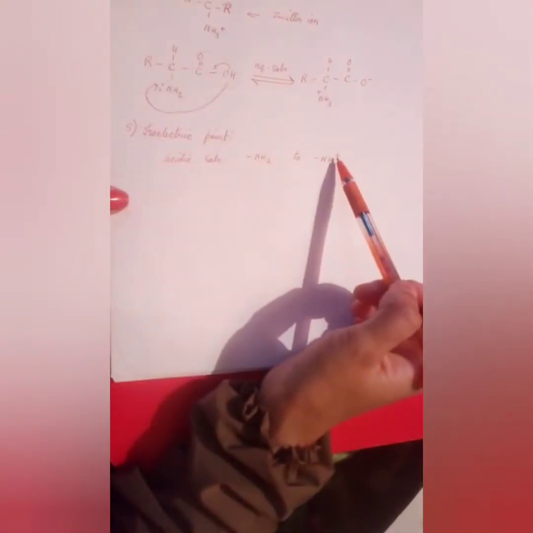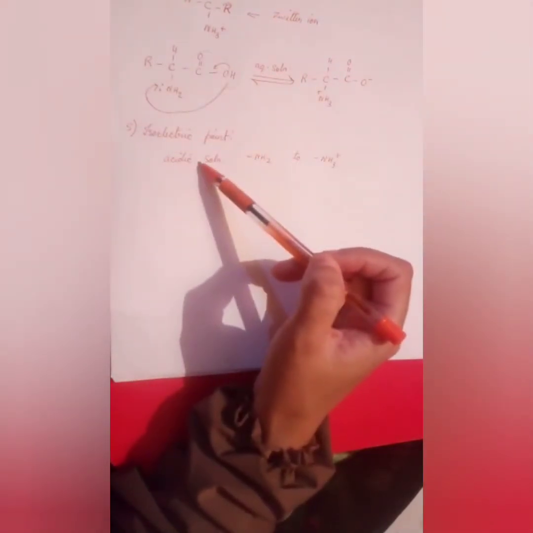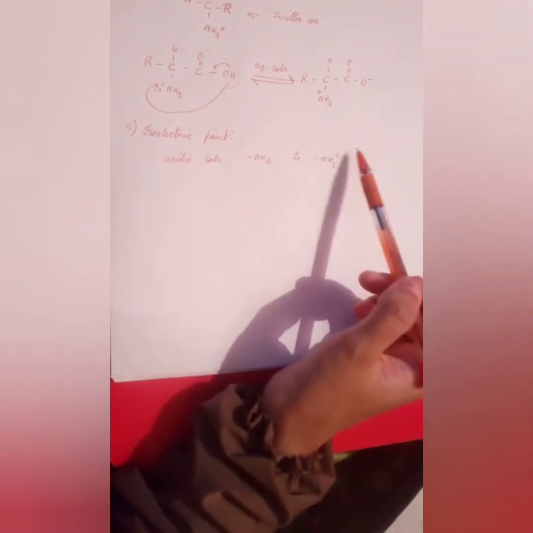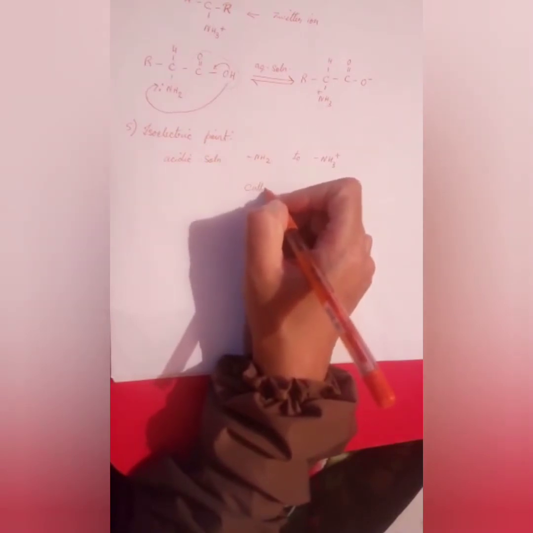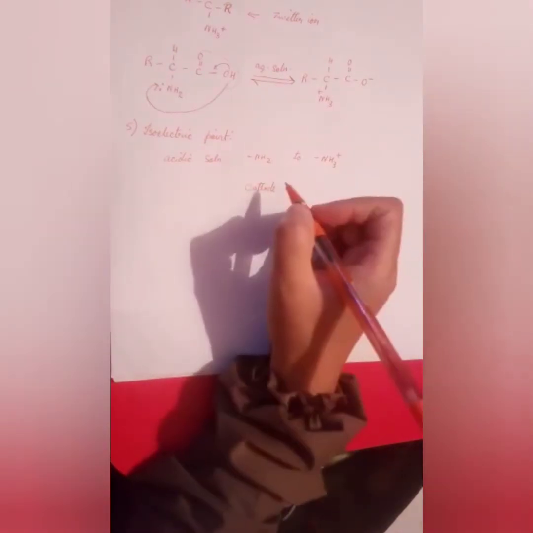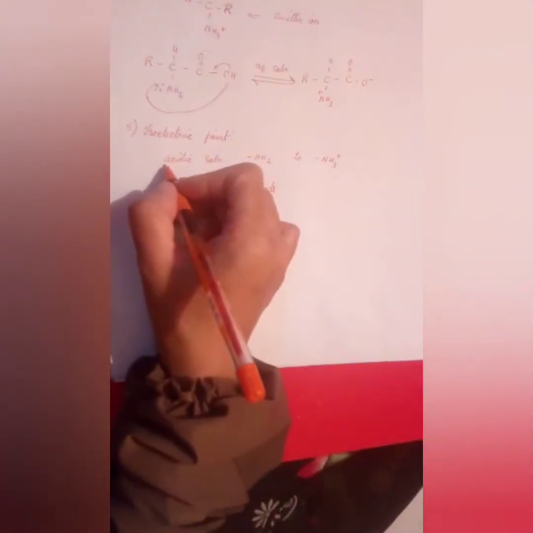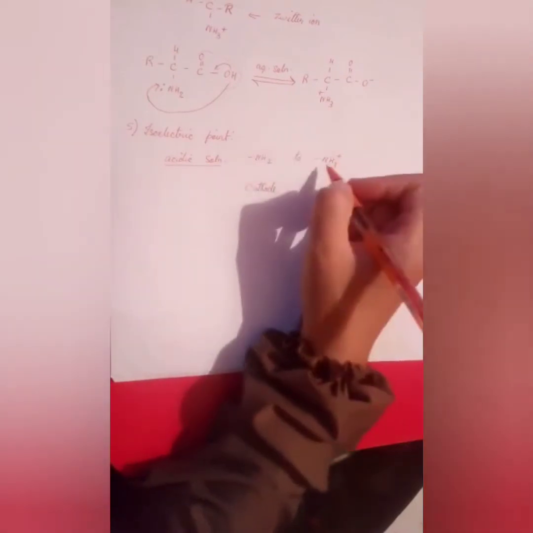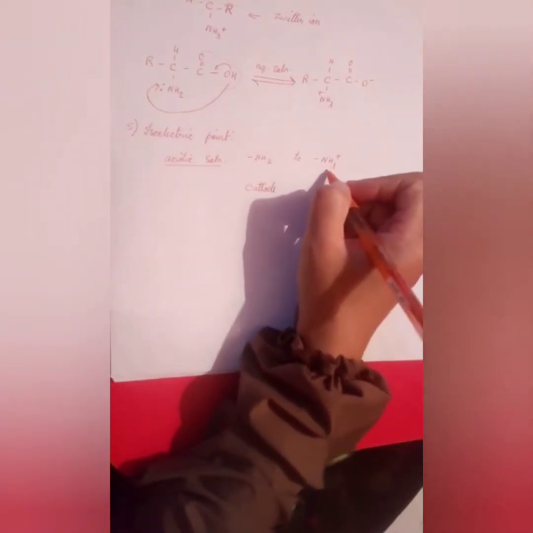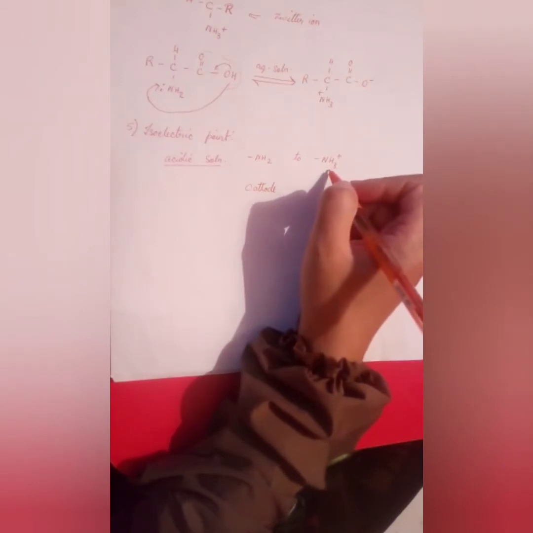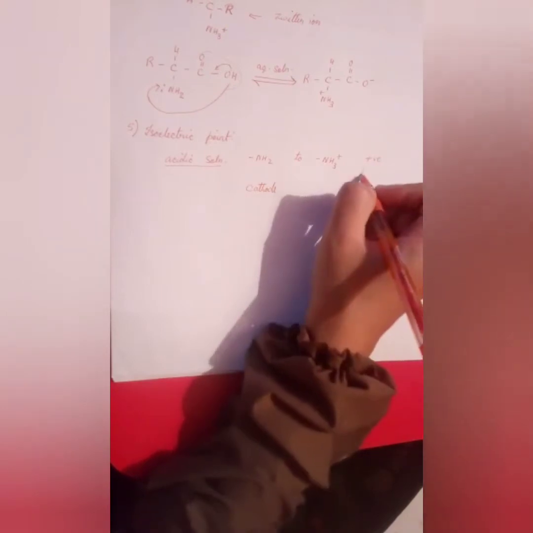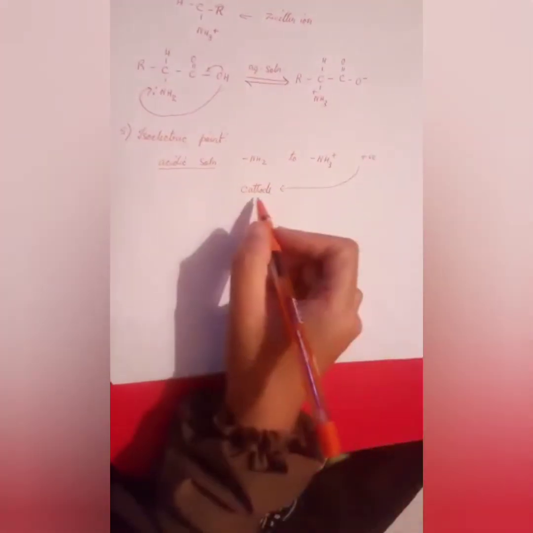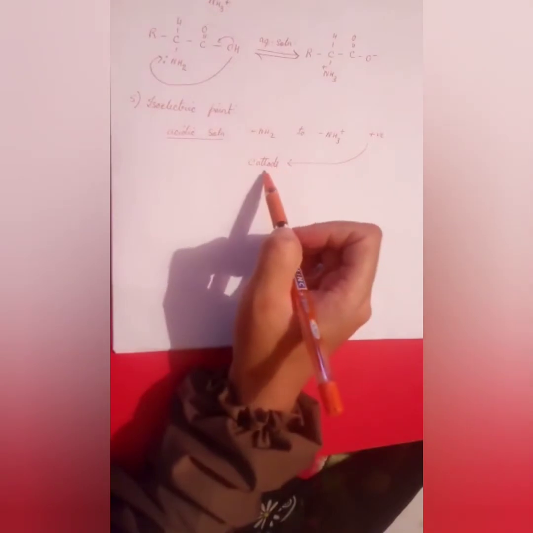And thus, in acidic solution, the whole amino acid becomes positively charged, and so it will migrate towards the cathode. Just remember, inside the acidic solution, only the amino group gets protonated, and thus the whole amino acid becomes positively charged, so it gets attracted to the cathode, which is negative.